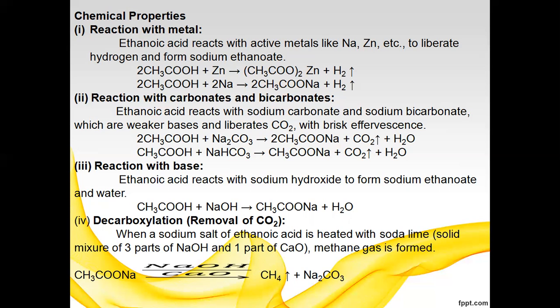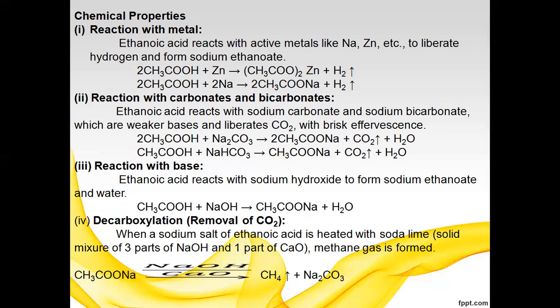So carbon dioxide is liberated and brisk effervescence is produced.